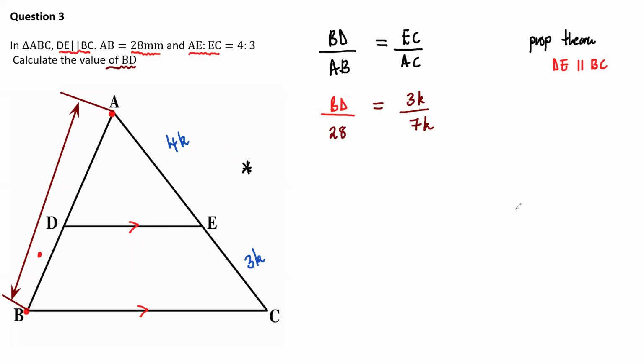Don't stress, AC, 4K plus 3K is 7K. What am I looking for? BD. The rest is algebra. 3K over 7K is 3 over 7. Cross multiply by 28. And in terms of your units, millimeters, BD is now 12 millimeters. There you go. That's my story, and I'm sticking to it.